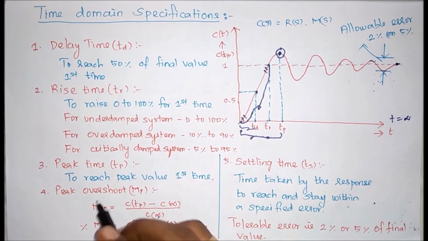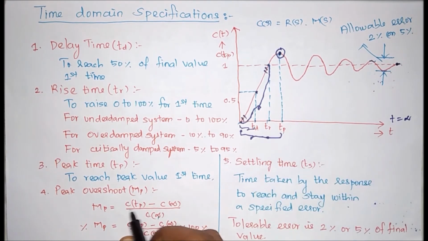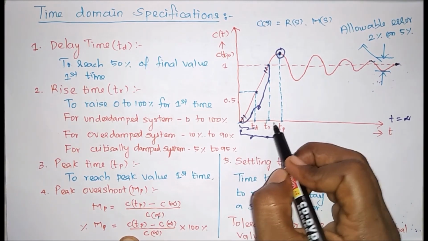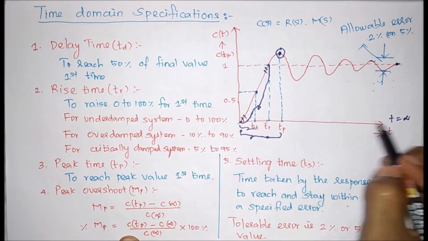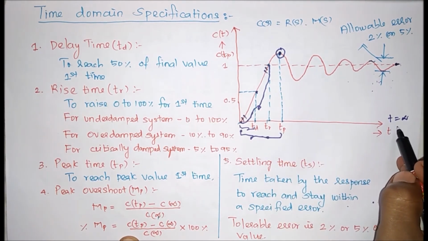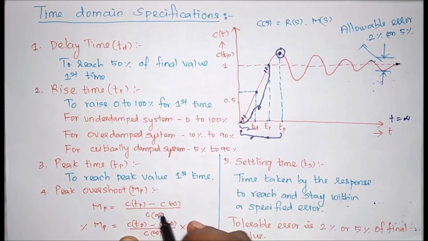Therefore we can say peak overshoot is C of Tp minus C of infinity with respect to final value. So the response at peak time and response at steady state with respect to the final: C of Tp minus C of infinity divided by C of infinity. This in terms of percentage is the percentage peak overshoot.